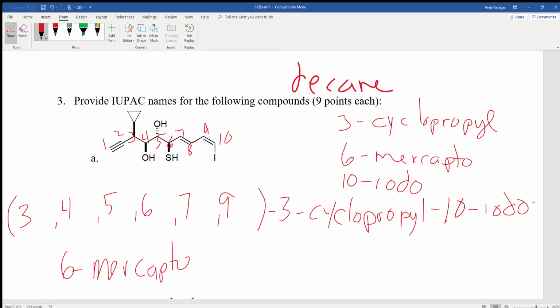And our parent name is going to include our alkenes, our alkyne, and our alcohol. So this is going to be deca. Alkenes come first. So that's 7, 9, diene. Next is the alkyne, 1 ine. And then after that are the alcohols, 4, 5, diol.